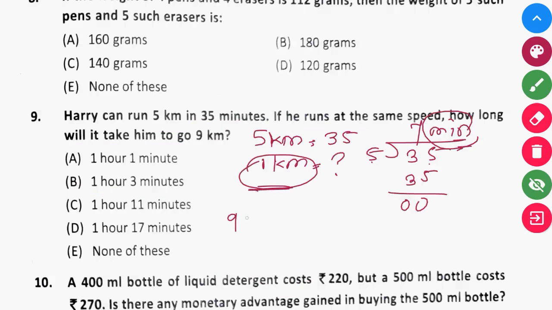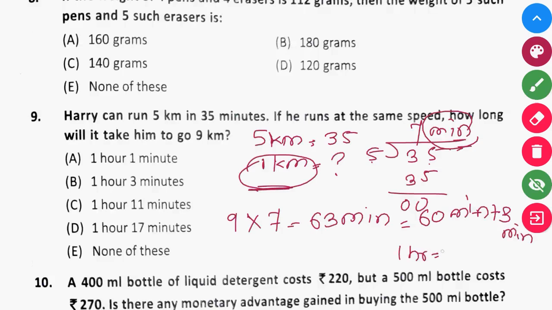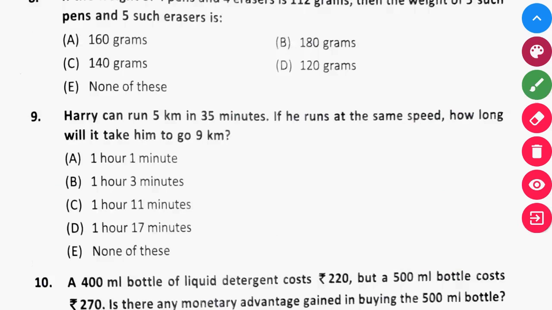So to run 9 kilometers, how many minutes will he take? So 9 multiplied by 7, that is 63 minutes. 63 minutes is converted into 60 minutes plus 3 minutes, because 60 minutes is equal to 1 hour. So it is 1 hour and 3 minutes to cover 9 kilometers.